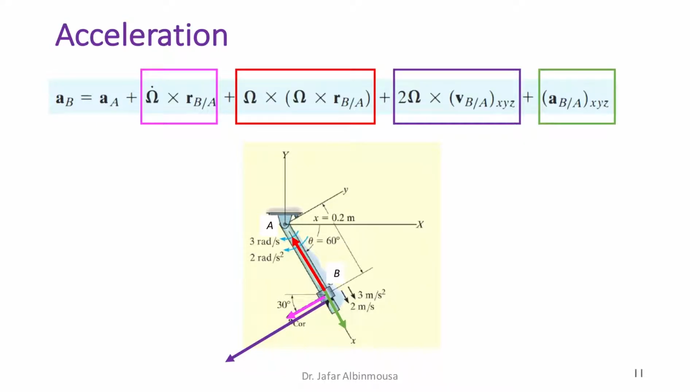Now, this is the relative acceleration equation. The acceleration of point A, which is the collar, is equal to the acceleration of point A, which is definitely 0, plus the acceleration term marked in pink here. This acceleration term has capital omega dot, which is like alpha, cross R_B.